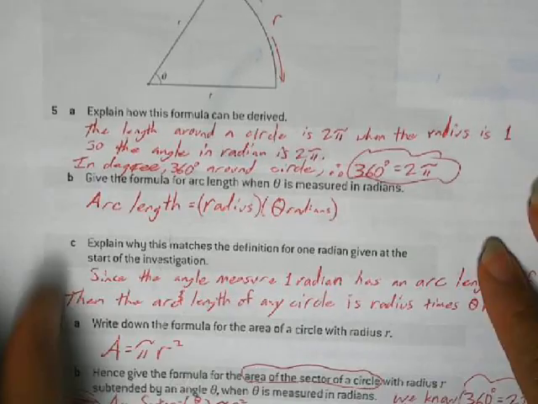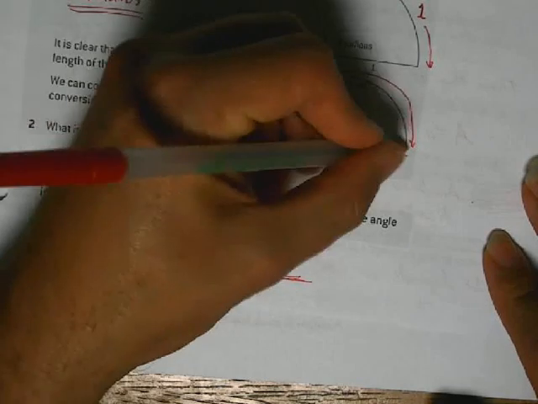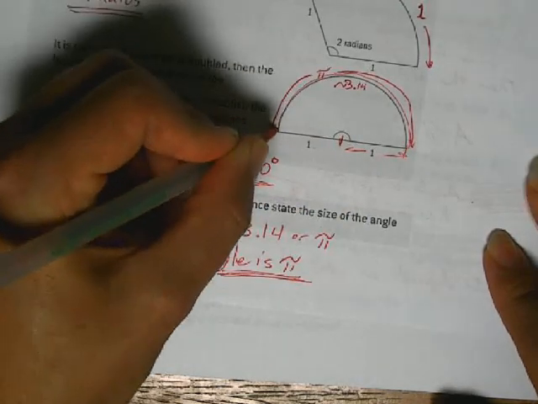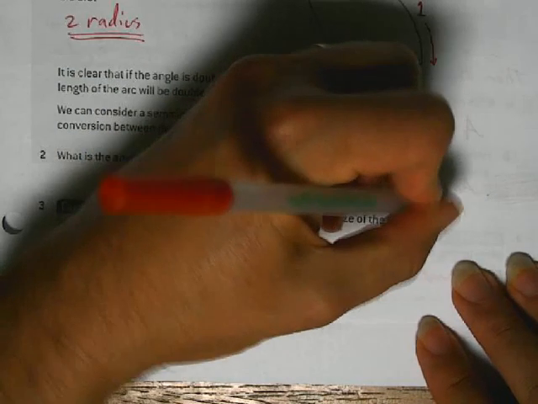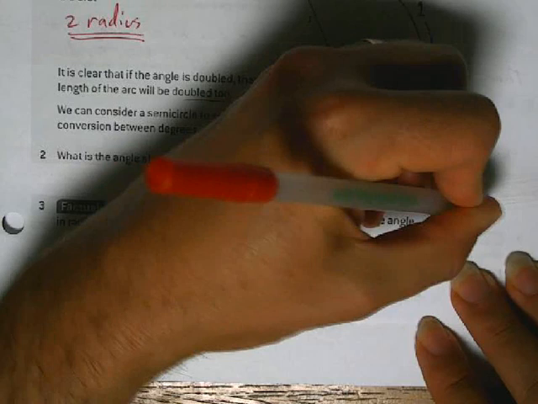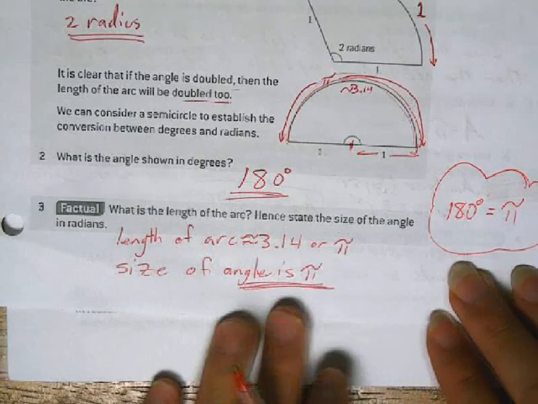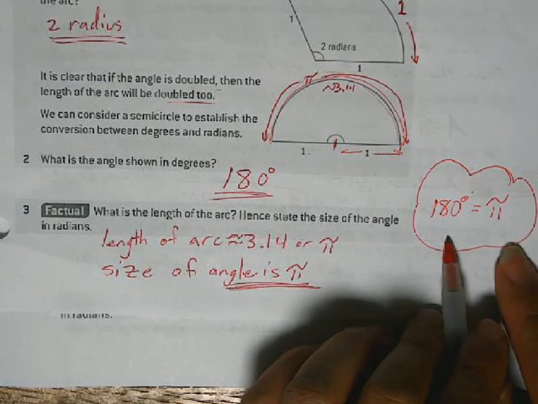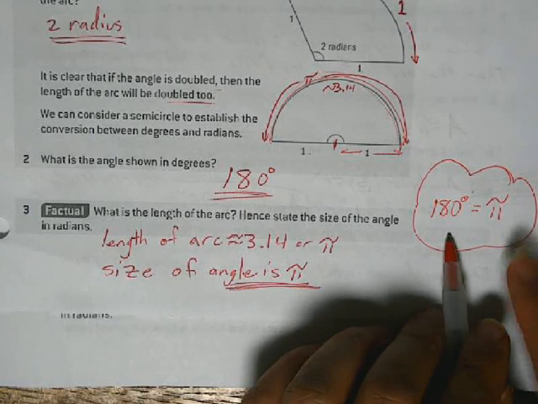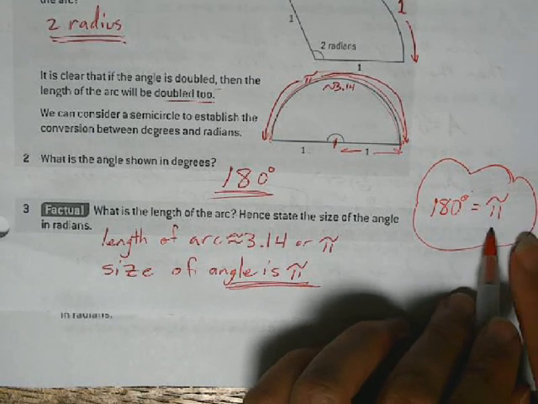So by definition, we can say 180 degrees equals pi. We're going to use this important relationship to do conversions from degrees to radian measurement, or from radian measurement to degree measurement.